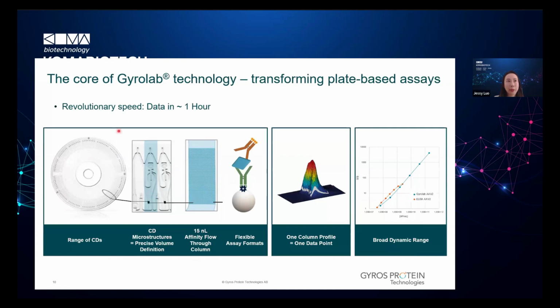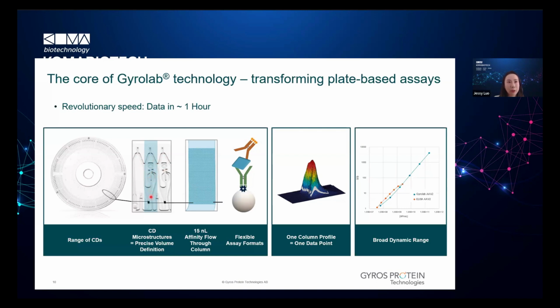As you see on the last page, the CD is quite important. This is our core technology. If we maximize some part of it, we can see there are some microfluidic channels. The reagent, like the antibody, will be added into these common channels, and the sample will be added into this part, which is a volume definition chamber.